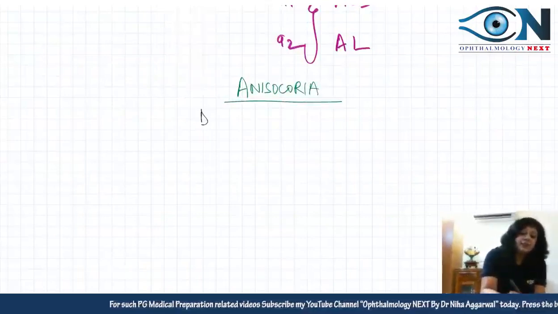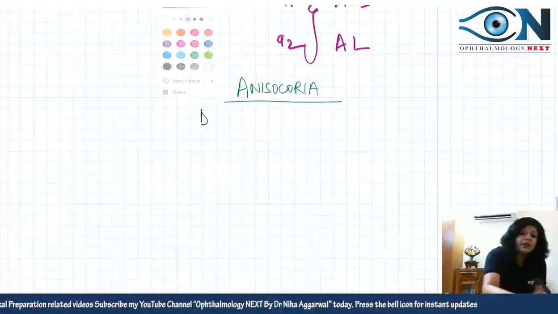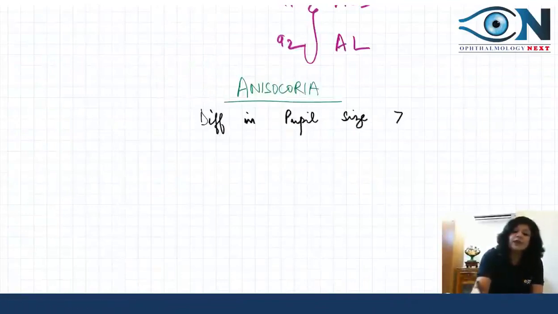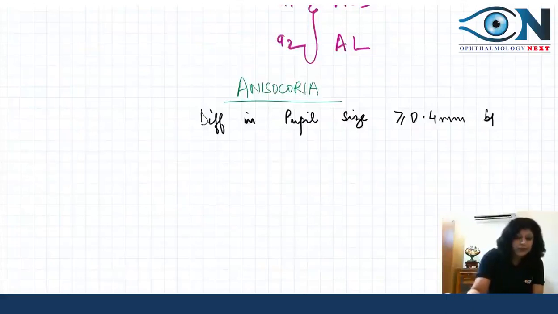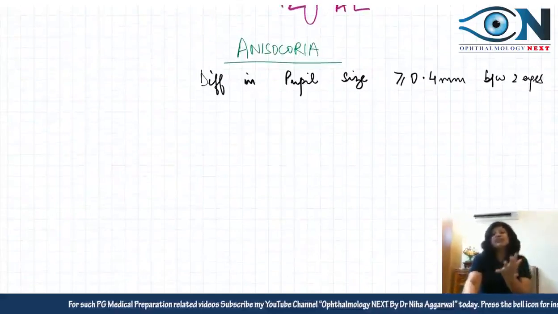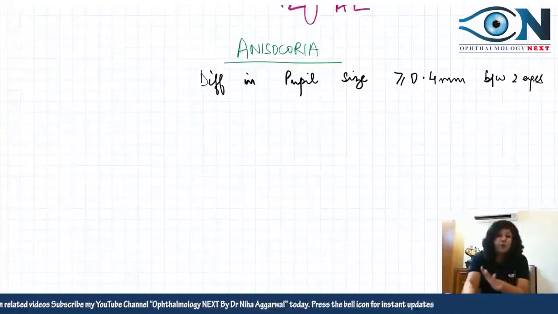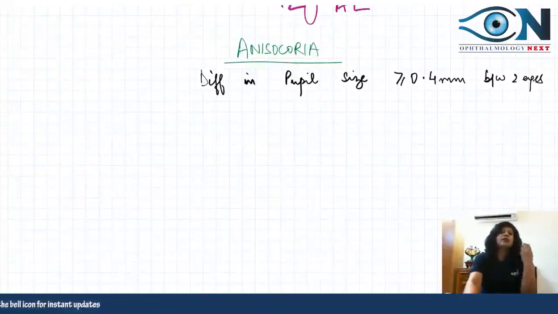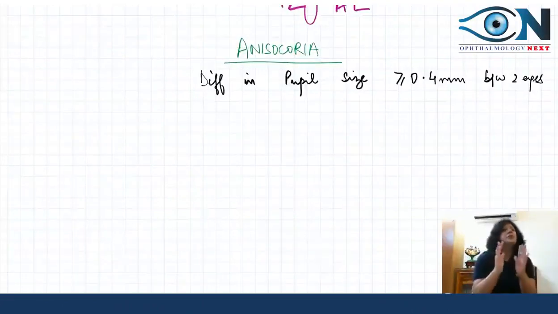Now first of all I will tell you what is anisocoria. When the difference in the pupil size is more than 0.4 mm between the two eyes, if you are having the difference in the pupil size between both the eyes which is more than 0.4, then I will say that this is an anisocoria, because physiologically you can get up to 0.3 mm difference between both the eyes.